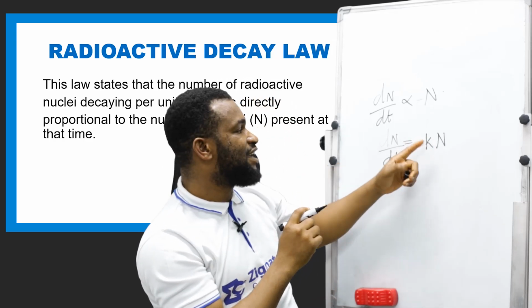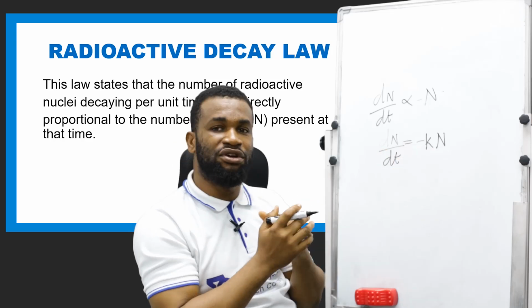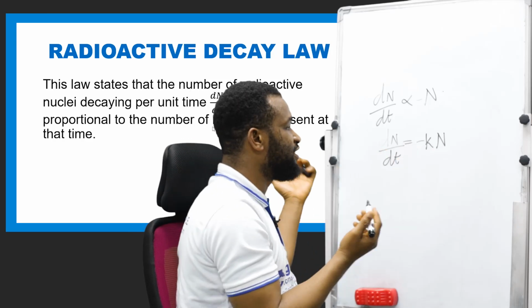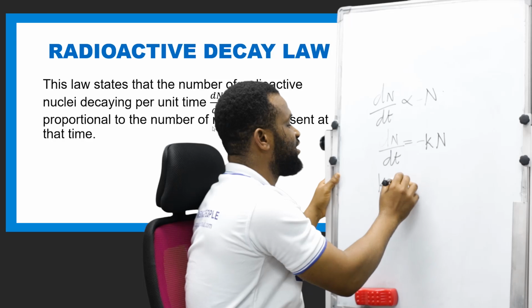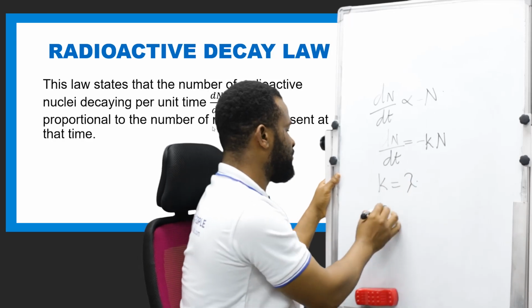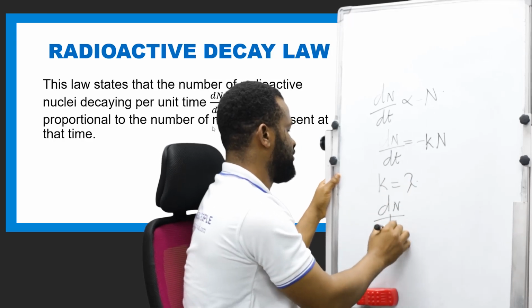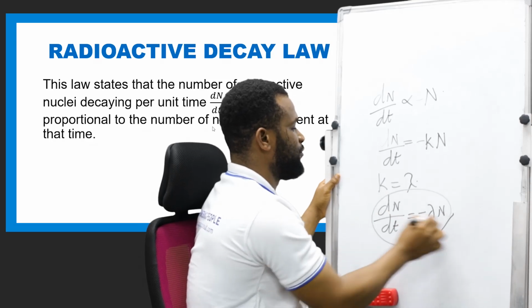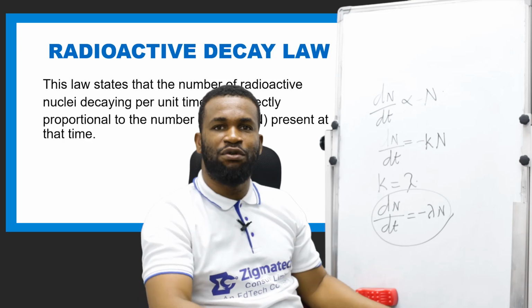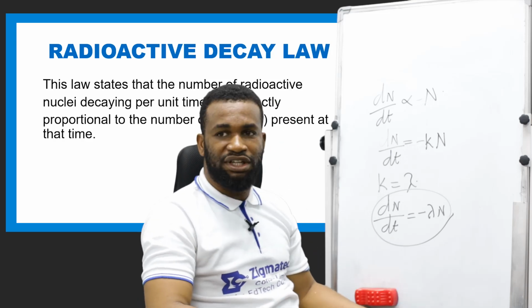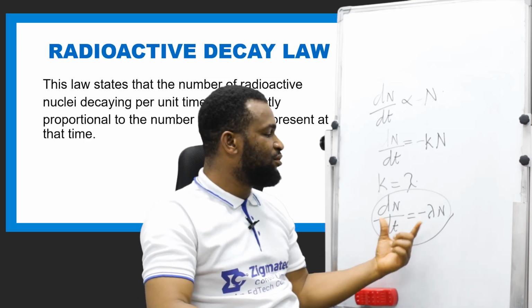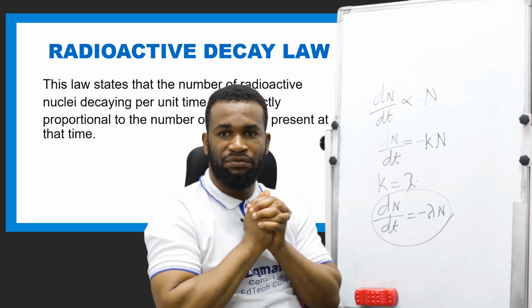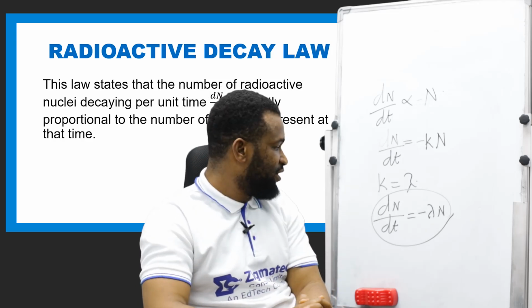But in this case, for this constant of proportionality, I'm not using k. I'm going to use a symbol called alpha. If k is given as alpha, therefore dN/dt is equal to minus alpha N. So this is exactly what radioactivity is talking about. We are going to use this now to do a derivative for what we are yet to see.